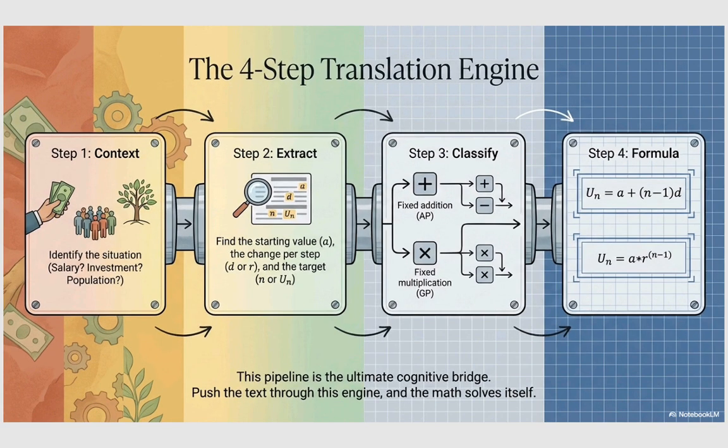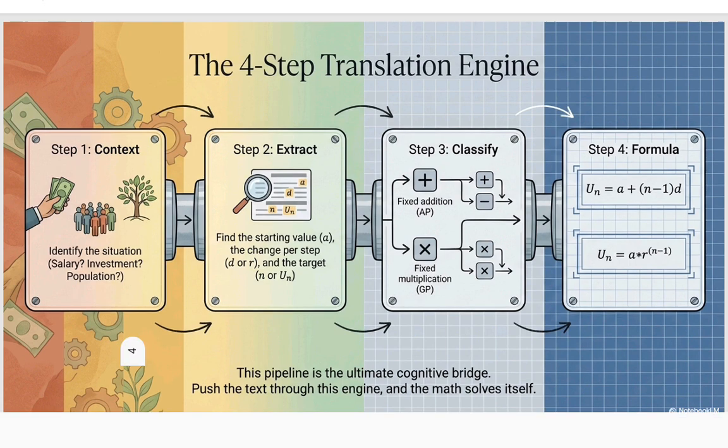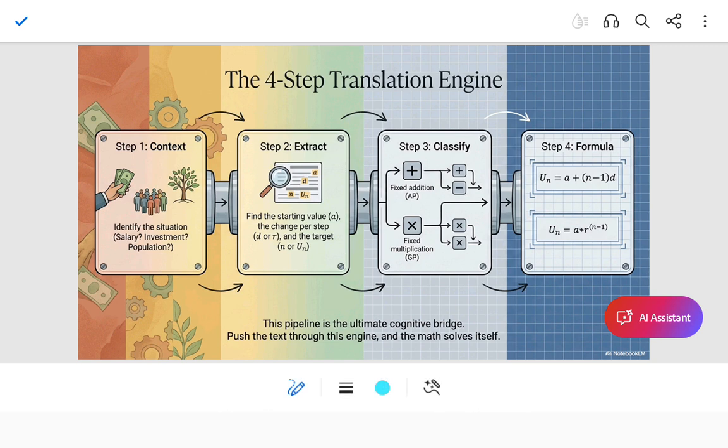All right, so we've gone through the whole of sequence. Now this is a 4-step process that can help you solve either algebra problems or word problems. The first is to read the context.